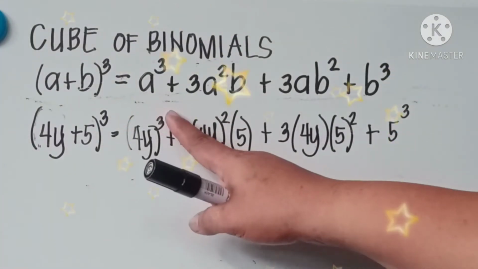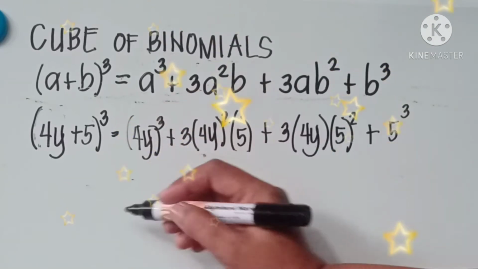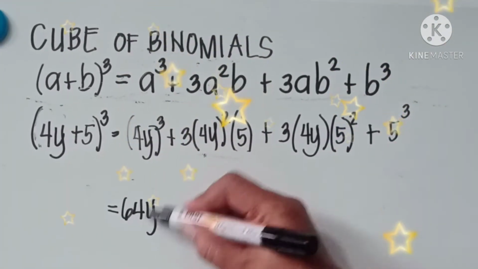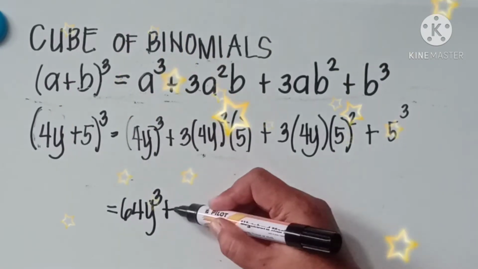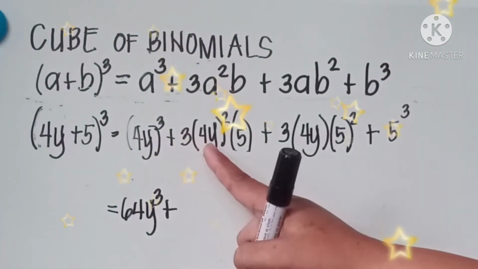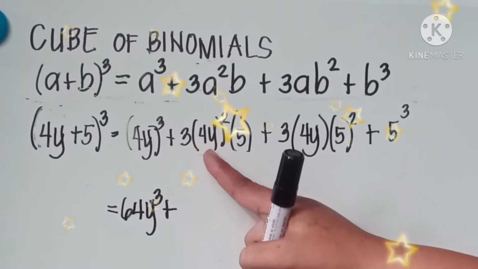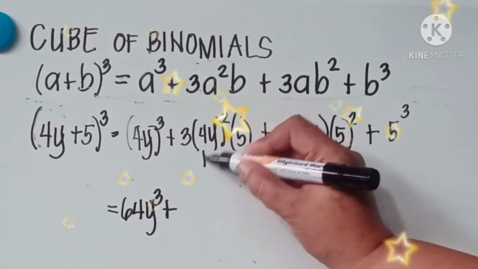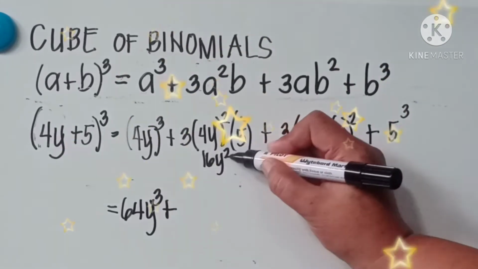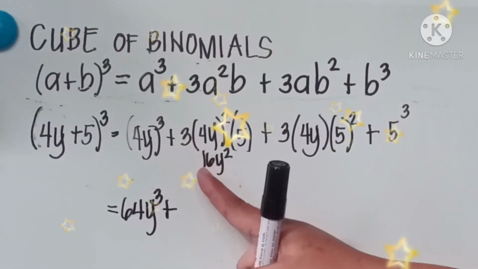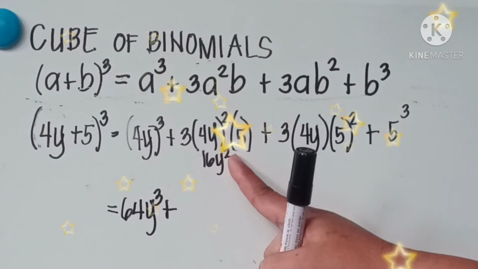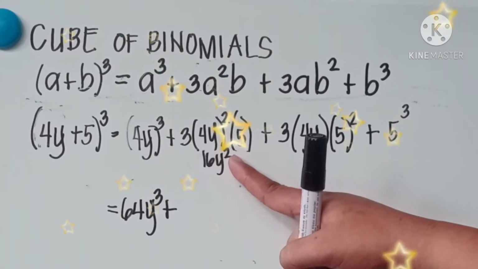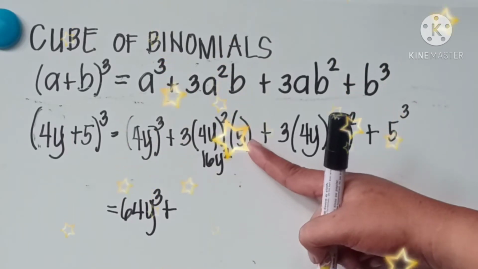Okay, so the cube of 4y now is equal to 64y cubed. Then plus 3 multiplied by the square of 4y. So the square of 4y is 16y squared. So multiply 3 by 16y squared, that is 48y squared. Then multiply it by 5.